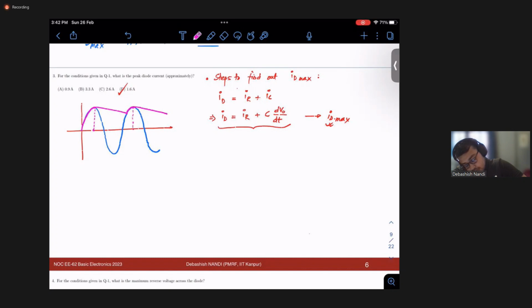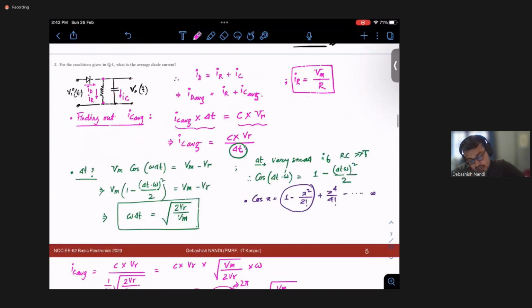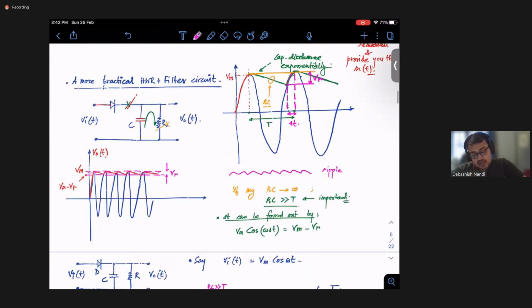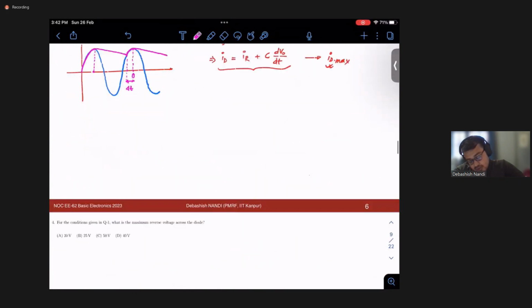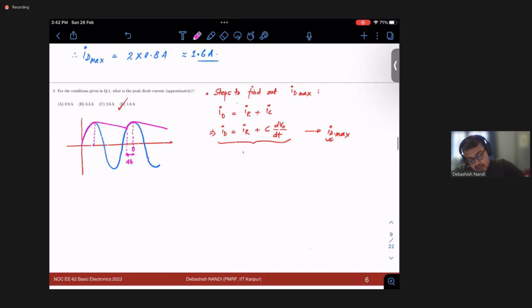Let me take this as 0 and this was your delta T, right? The conduction cycle, remember that this is your delta T here. So you just solve it for T equals minus delta T, because at this instant your current will be maximum.